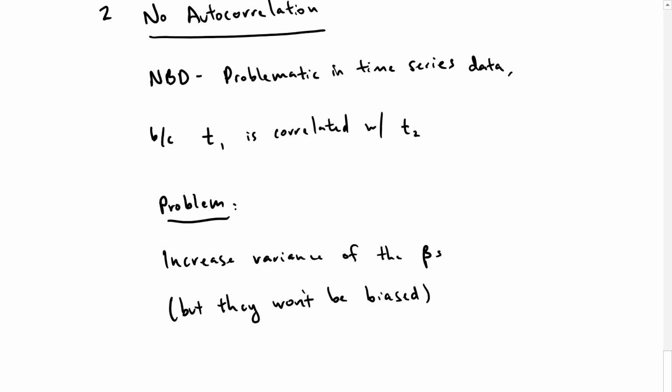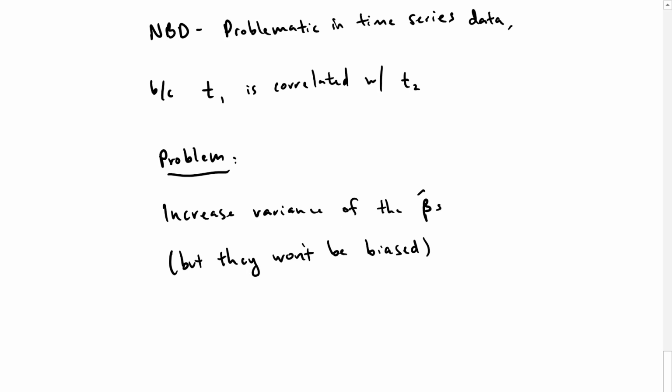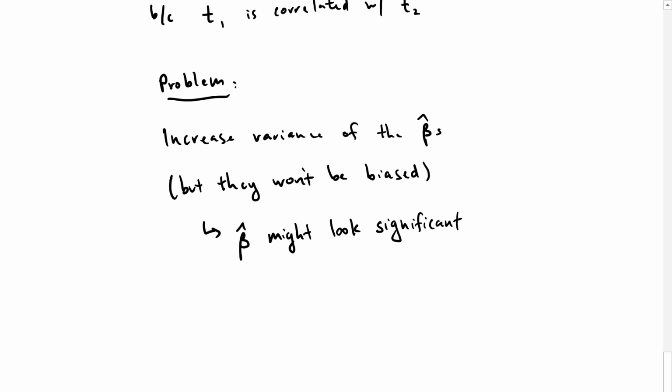Essentially what might happen there is that a beta hat might look significant when it actually isn't.